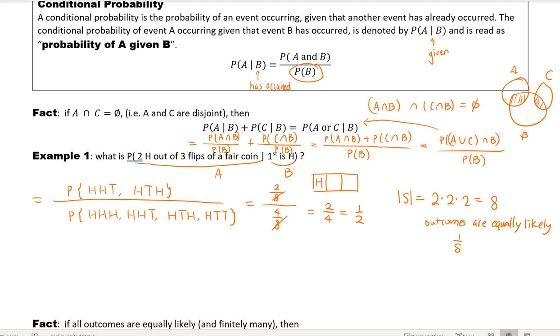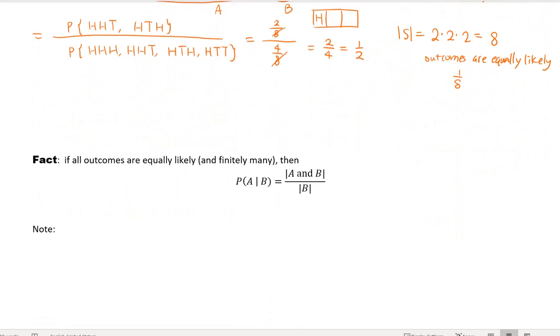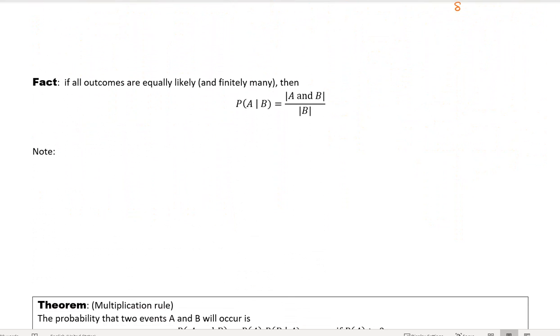So far, so good, everyone. Alright, let's continue. Fact: if all outcomes are equally likely and finitely many, then the probability of A given B equals the number of elements in the event A and B over the number of elements in the event B. Why is that?